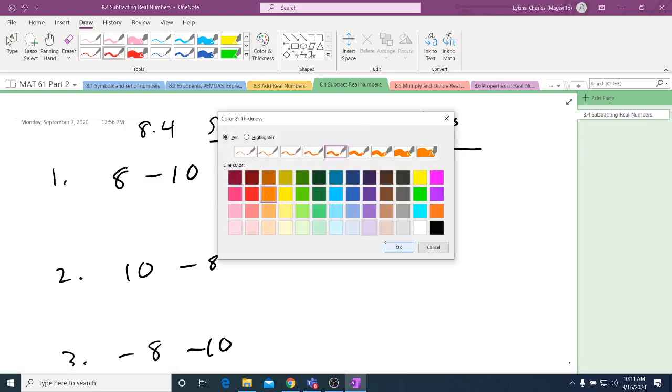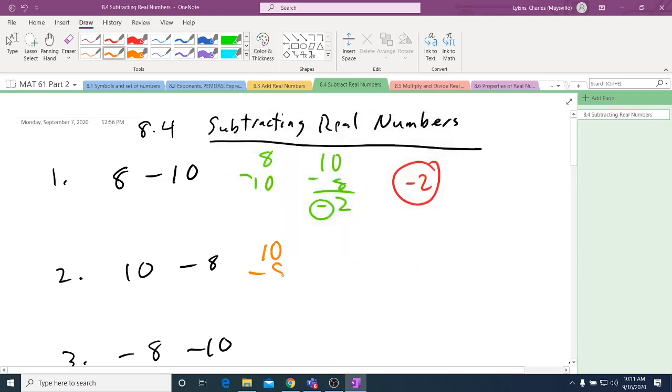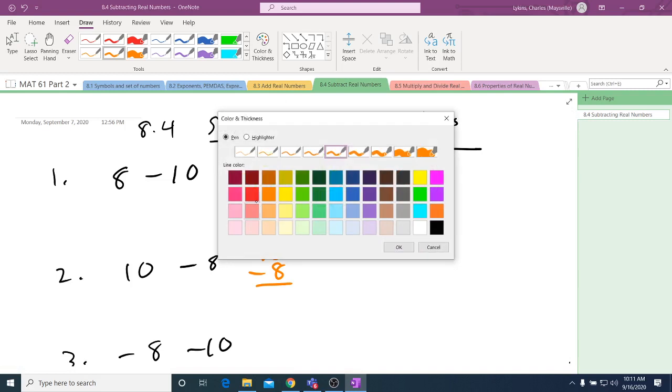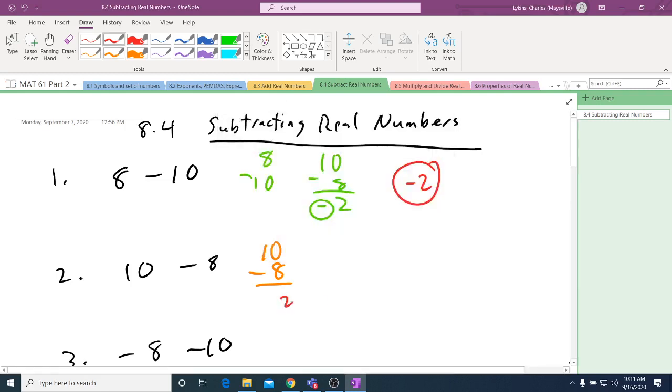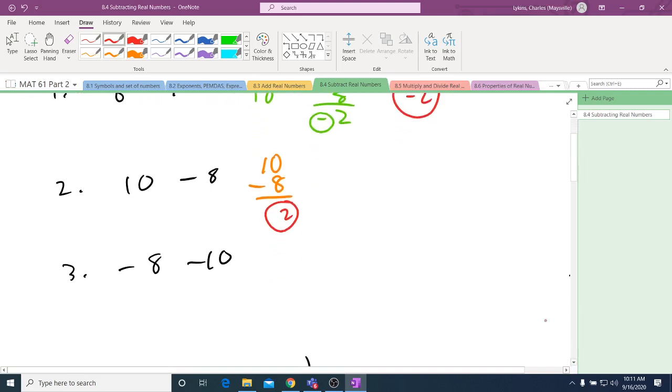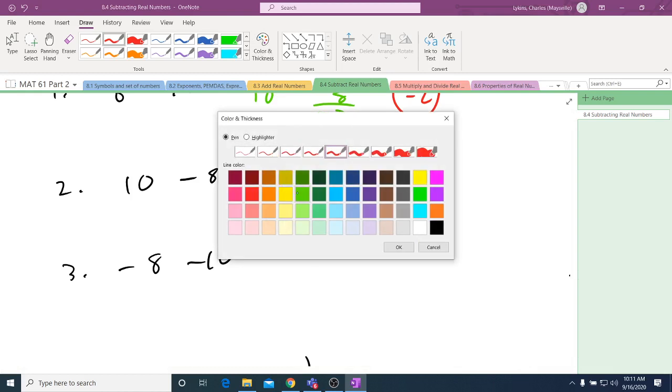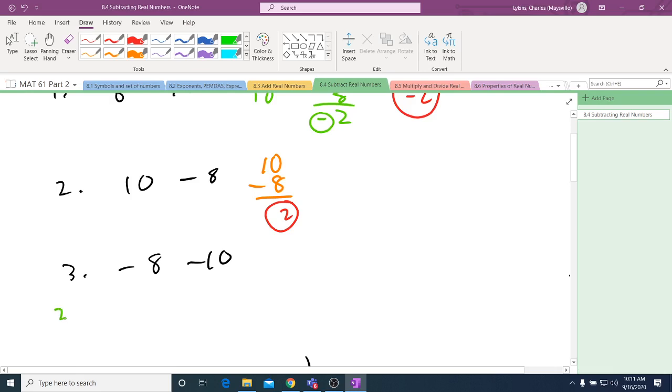Now straight up, what's 10 minus 8? Well, this one we actually know, which would be 2. Now, my next example, number 3, negative 8 minus a 10, we treat the 10 as a negative. So in the past, I would have answers as 2, negative 2, 18, or negative 18.